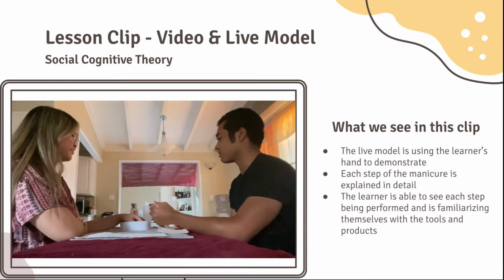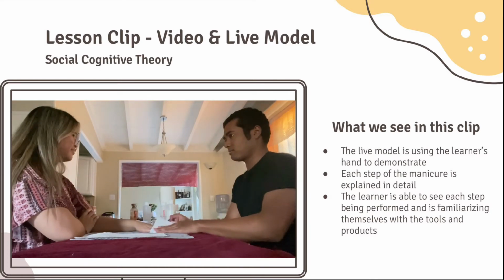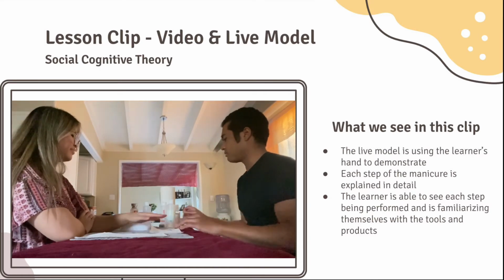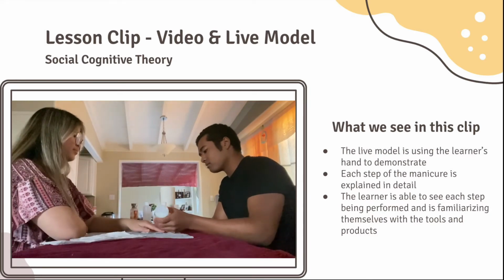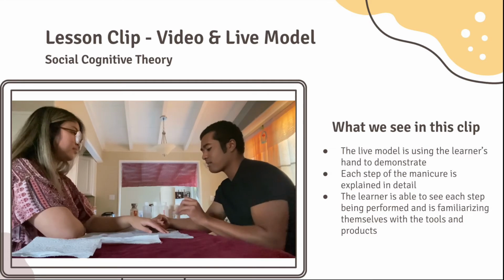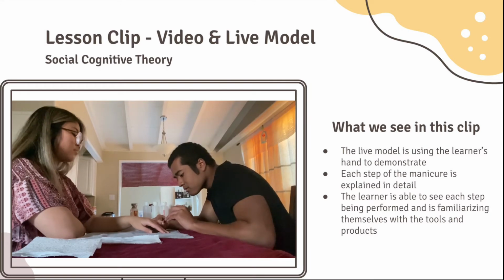Now he double checks with the instructor to see if the step is right. The instructor and learner are engaging every step of the way so the learner can understand the procedure.